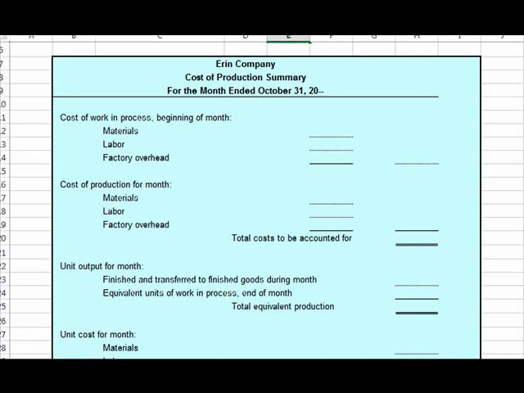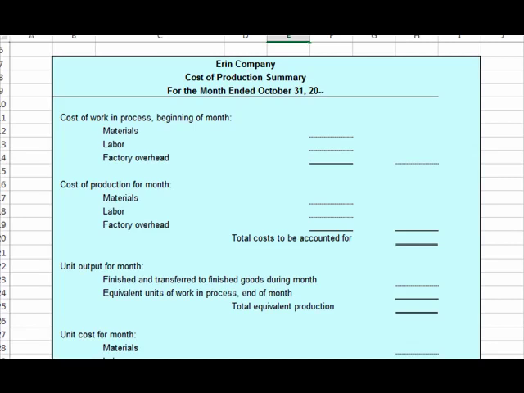But just for a refresher, a process cost system works well when we're producing a large number of units that are all the same. For instance, maybe coffee tables, and each coffee table is an identical unit. So there's no need to assign costs to specific orders or jobs from customers.